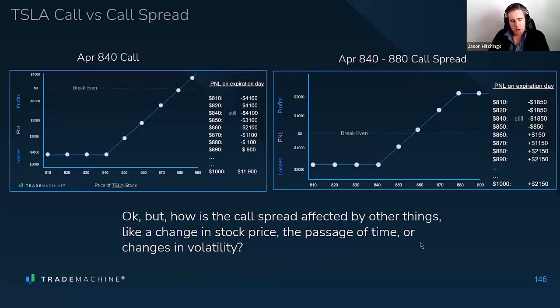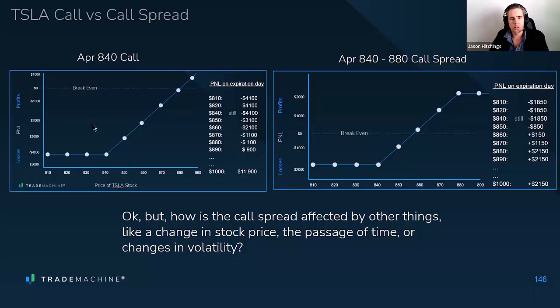So this scenario looks at how a call spread changes as the stock price changes, but we've also talked about other things. We've talked about time, and we've talked about implied volatility and those things. So how do those things affect it?